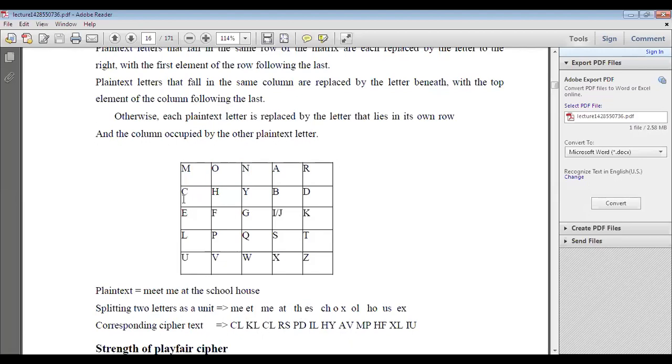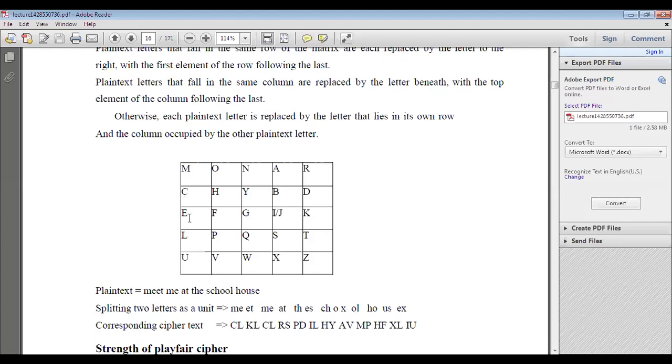So if both letters are in the same row or the same column, what do you do? For the same column, you replace with the further characters. After M, what is the next character in that column?